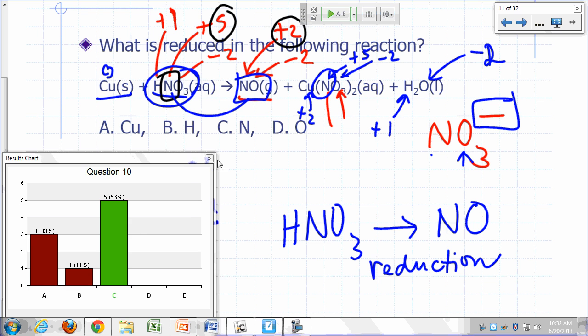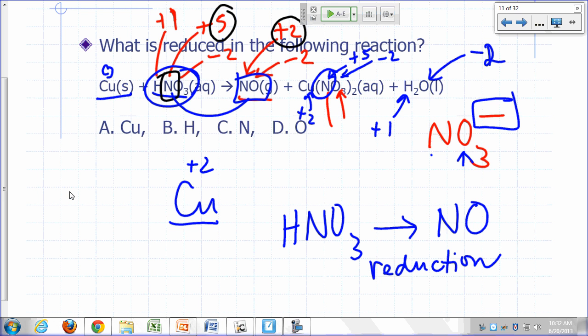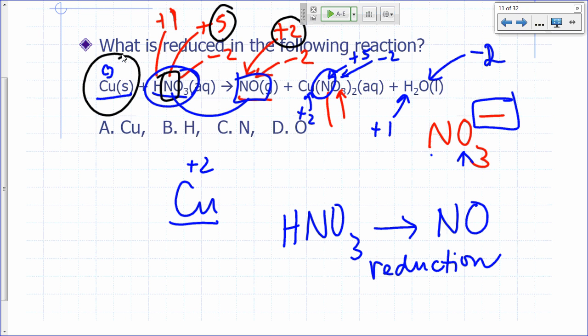Correct answer is C. What is oxidized here? Your copper goes from 0 to +2. So you say copper went from 0 to +2. Okay? So, okay, you say copper nitrate.